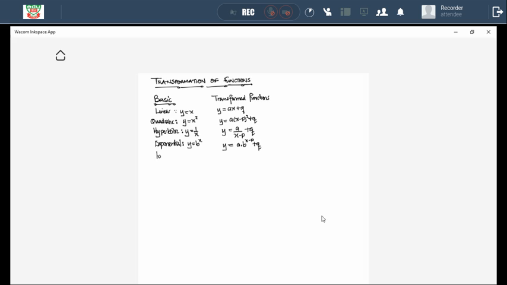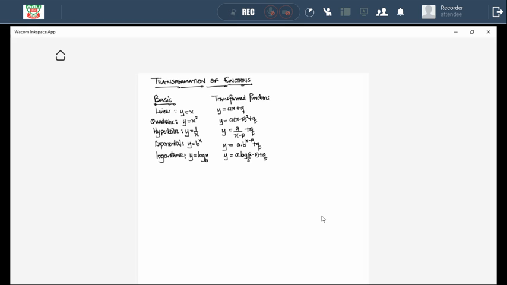Then you also have a logarithmic function, which in its basic form is y equals log of x, but when transformed, this would be y equals a times log of (x minus p) to base b plus q, something like that.